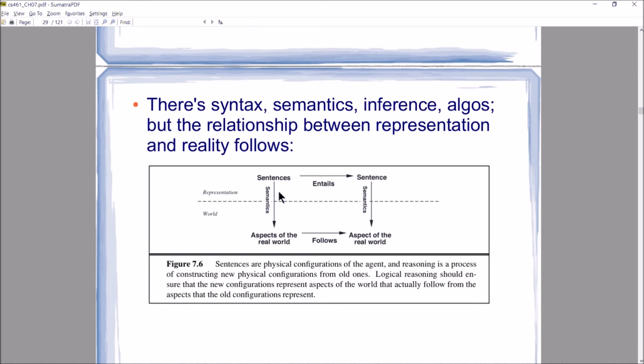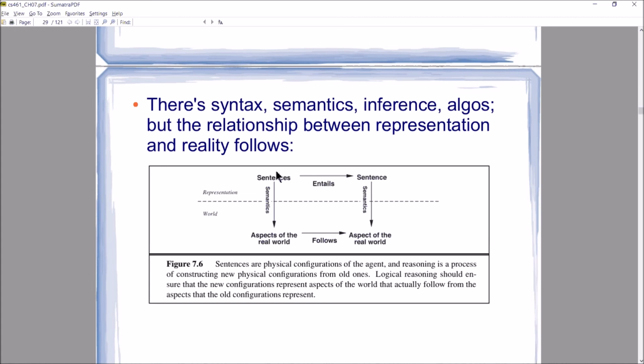If you have sentence alpha that entails sentence beta, alpha means something, beta means something. That's representation. That's the abstraction. In the real world, whatever they're representing, and by real world, I mean it could be the real physical world that you and I live in, or maybe an environment that an agent is operating in, a sentence is going to correspond. It's going to mean something in the real world, okay?